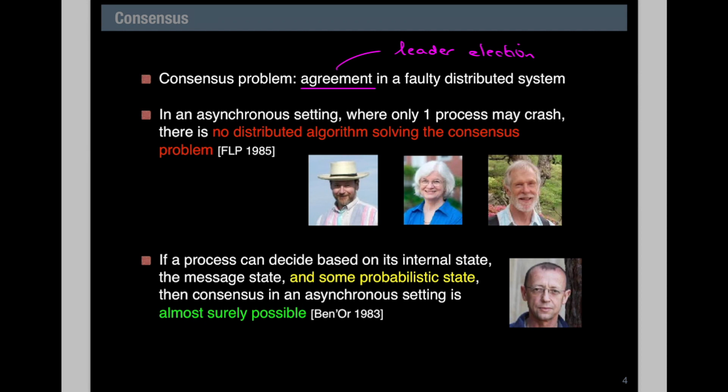This impossibility result has given rise to several techniques to circumvent it. And one way to avoid it is to use randomization.